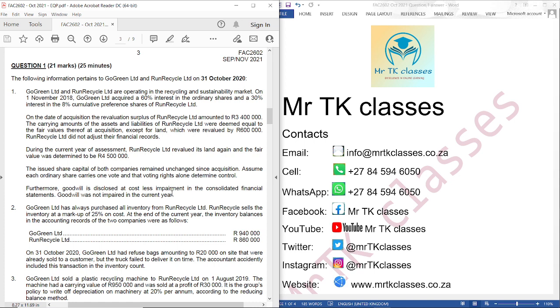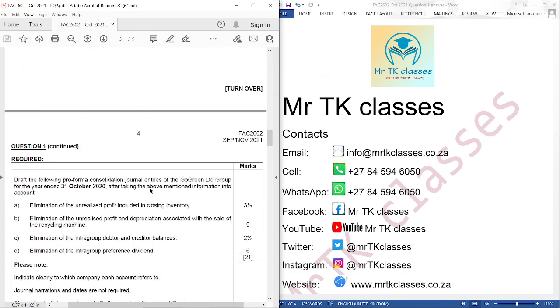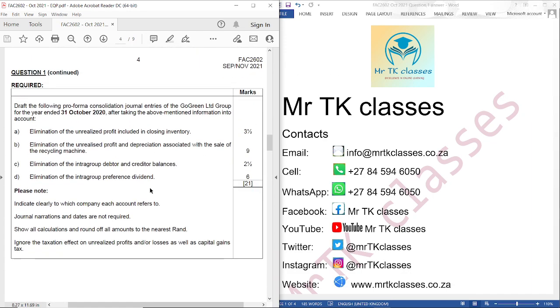These are our transactions. Required. Draft the following pro forma consolidation journal entries of the Go Green Limited Group for the year ended 31 October 2020, after taking the above mentioned information into account.